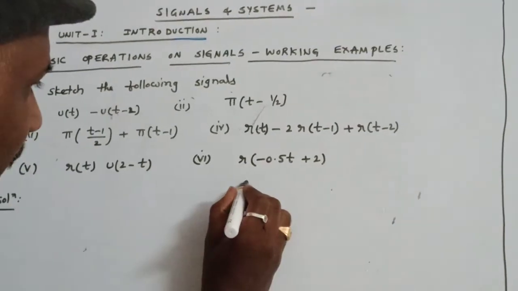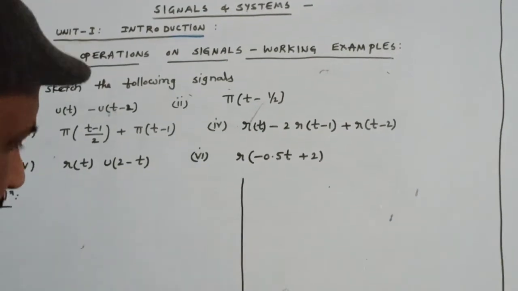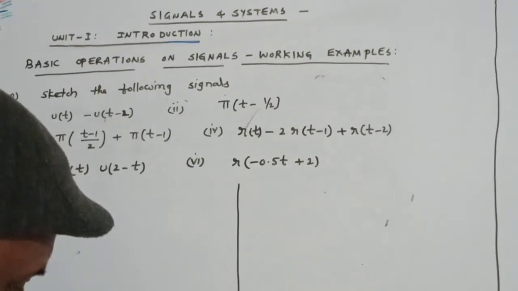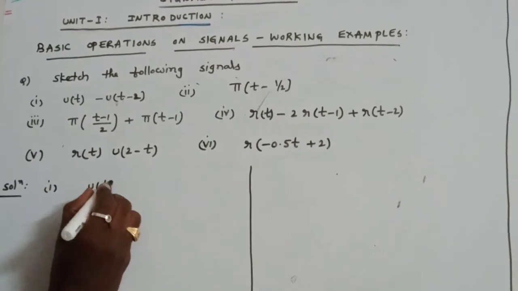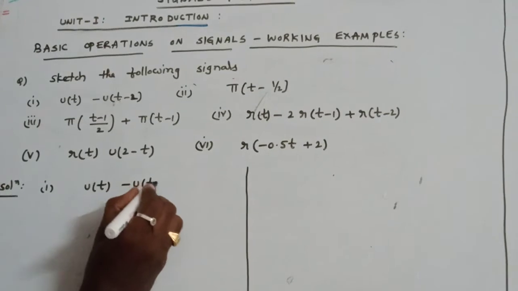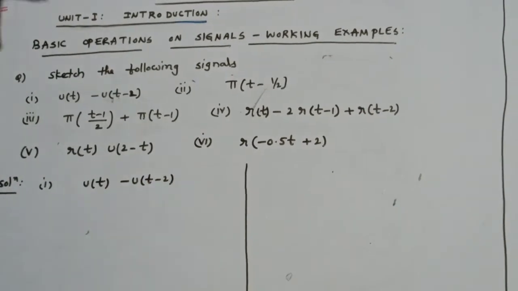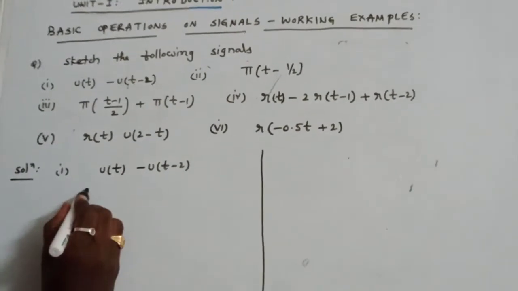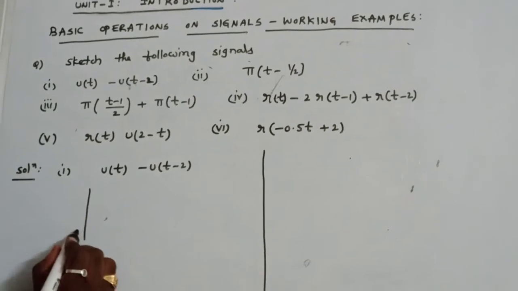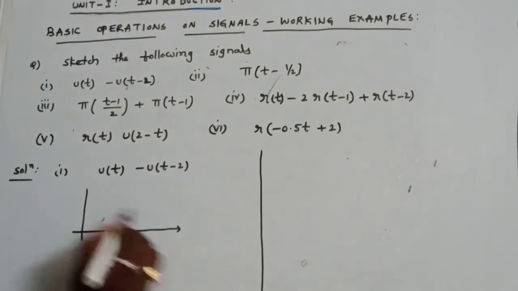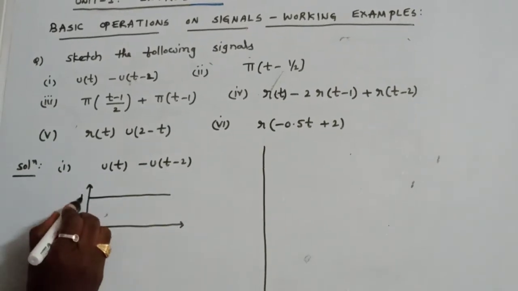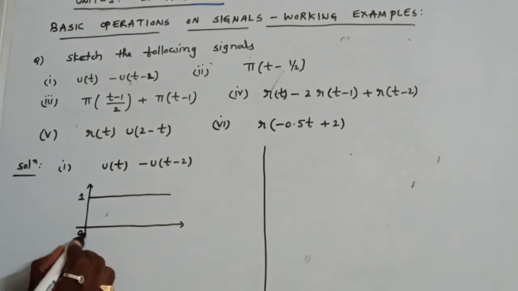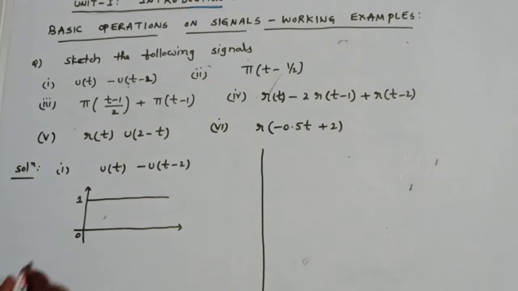First question, all are very simple, based on simple mathematical operations. Now the first one: u of t minus u of t minus 2. It is very easy to answer. First draw the unit step signal. As you know, the unit step signal maintains a constant amplitude of 1 from t equal to 0 onwards.